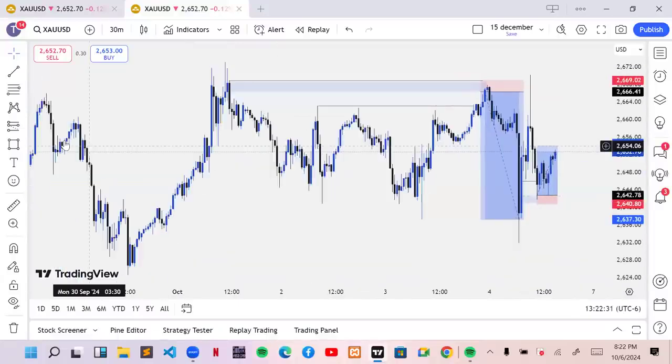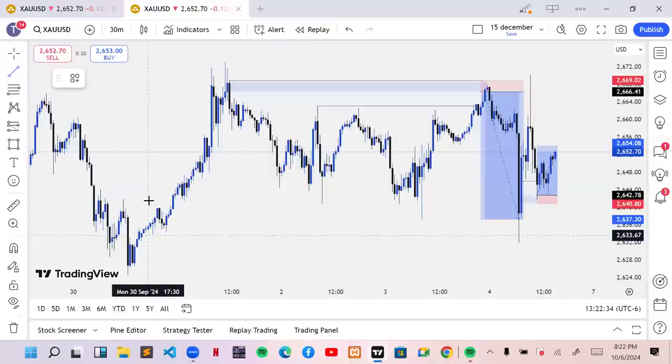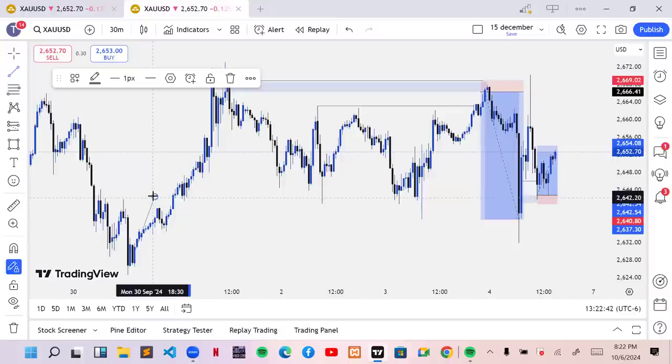Paying attention to this trade right here, you can see the market making a series of higher highs and higher lows. Higher highs, higher lows, higher highs.